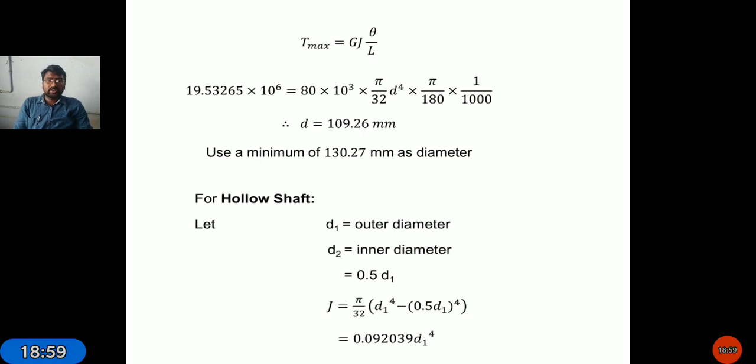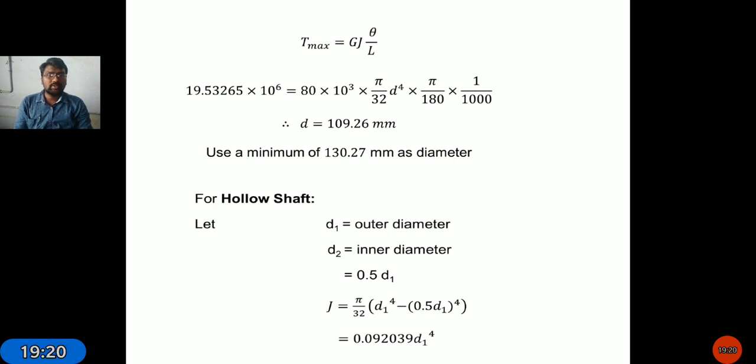Now we need to calculate the diameter for the hollow shaft, where d1 is the outer diameter and d2 is the inner diameter. They gave one condition, d2 is equal to half of d1, that means the internal diameter is half of d1.